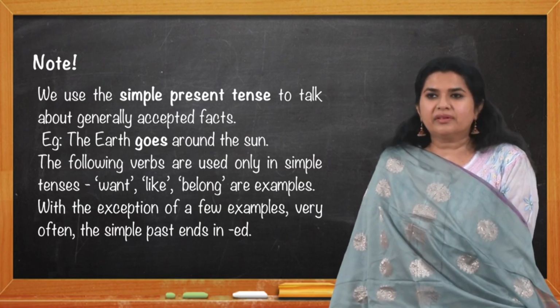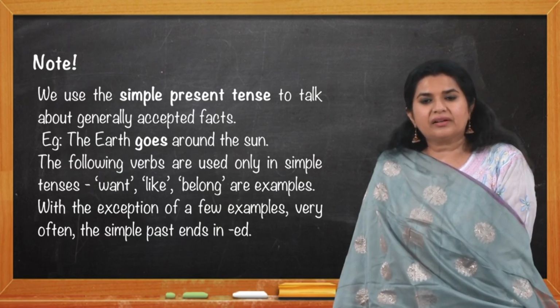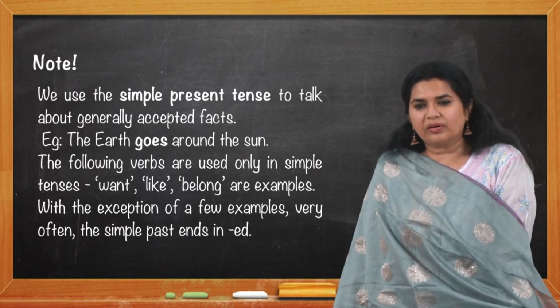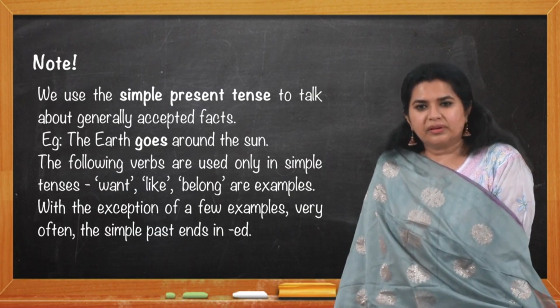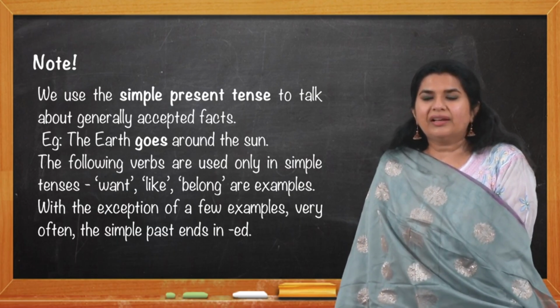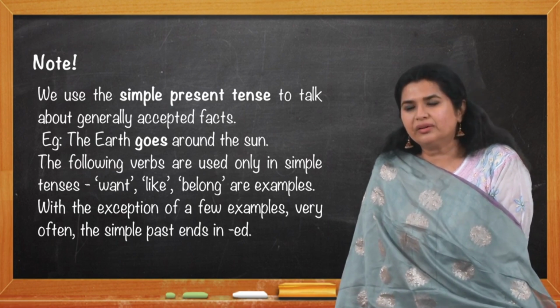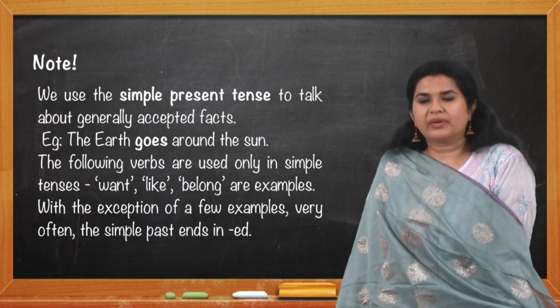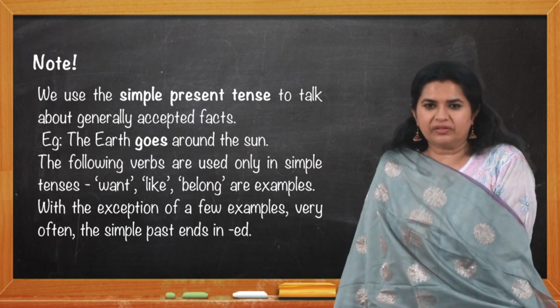The verbs which are always used in simple tenses are want, like, belong. So, I liked her, I like her, okay. I was liking her, no, you do not use such kind of a sentence construction.